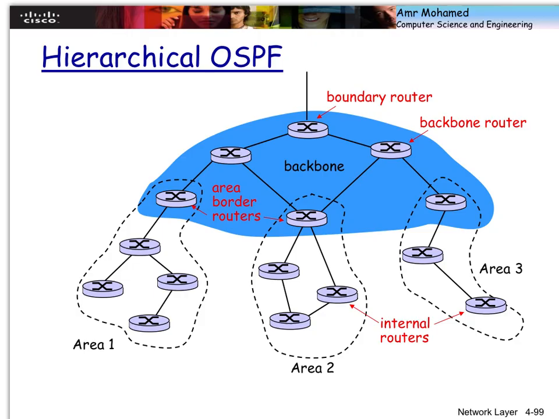So the route advertisement will be flooded within the area only. So from one area to another, again, we use a concept similar to hierarchical routing, but within the autonomous system, just to make OSPF more scalable to large infrastructure. RIP doesn't have any of this, and that's why it's not really suitable for large infrastructure. But OSPF is very, very scalable.